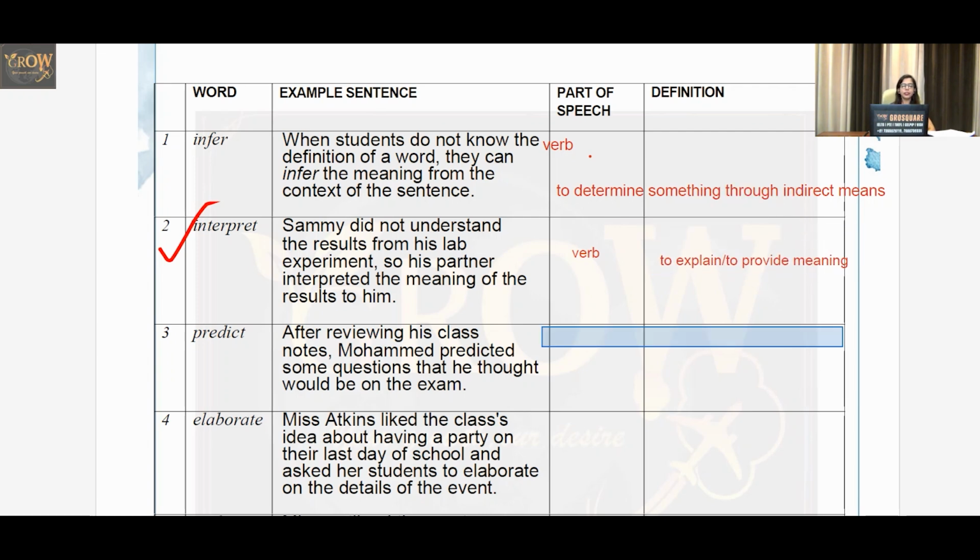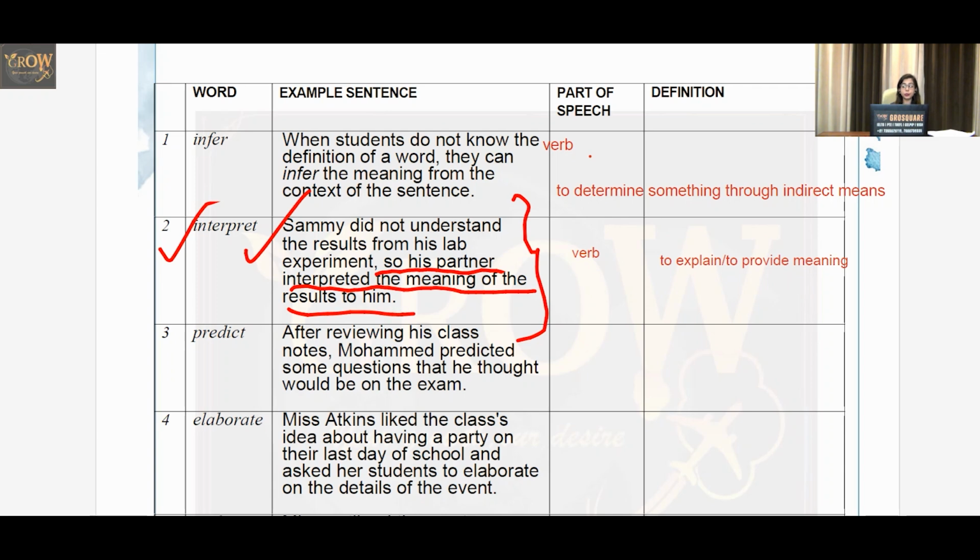Okay. So let's try to understand it better with the help of example. So this is the example. Here we are saying that Semi did not understand the results from his lab experiment, so his partner interpreted the meaning of the results to him. That means जो Semi है, उसने कोई lab experiment करा, but उसको meaning समझ में नहीं आया.